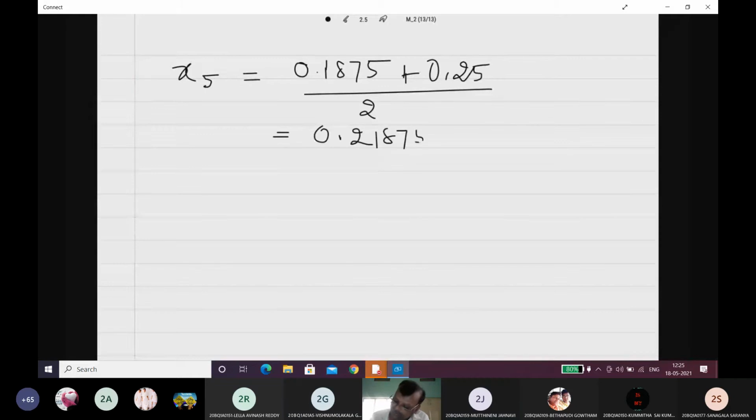Very good. And immediately we can find out f of x5.